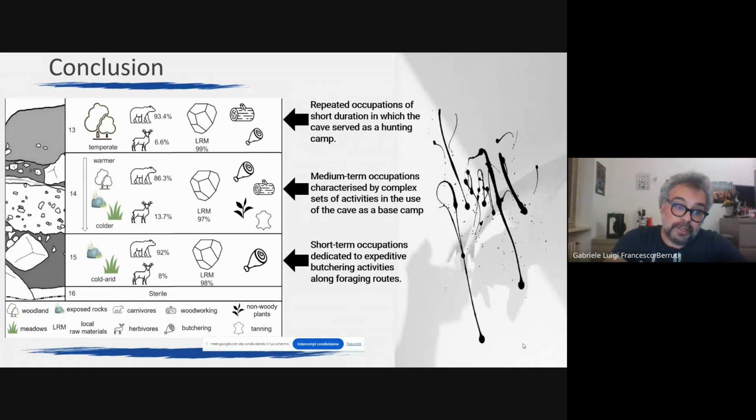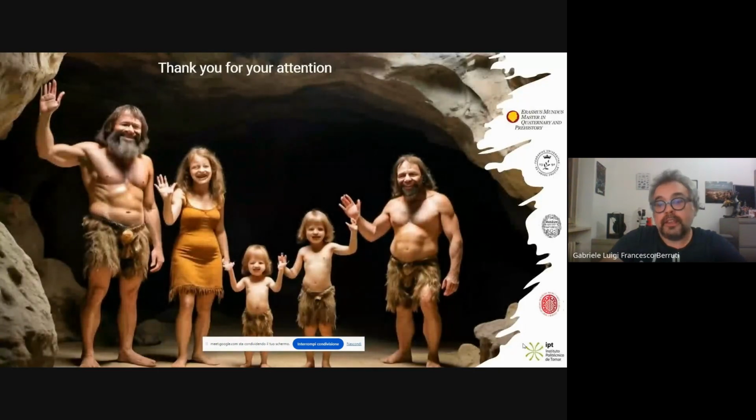Because also in the unit 15, we have raw material that arrives from 30 kilometers from the site. And probably in this case, the Ciota Ciara is only a point in the area that the Neanderthals use during the year. With this, I finish, and thank you for your attention.